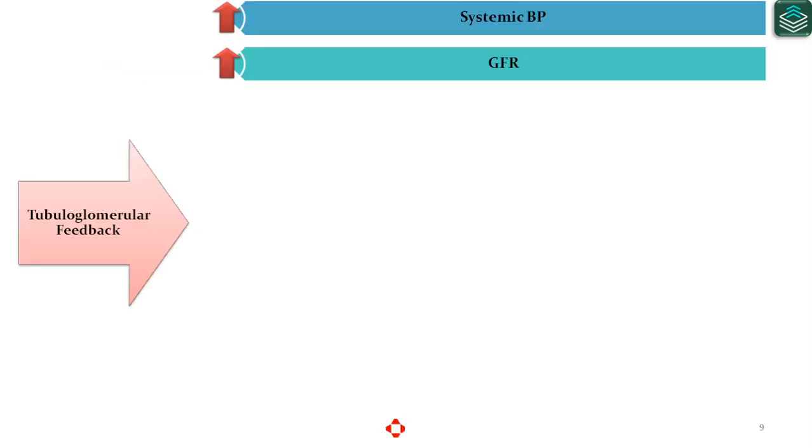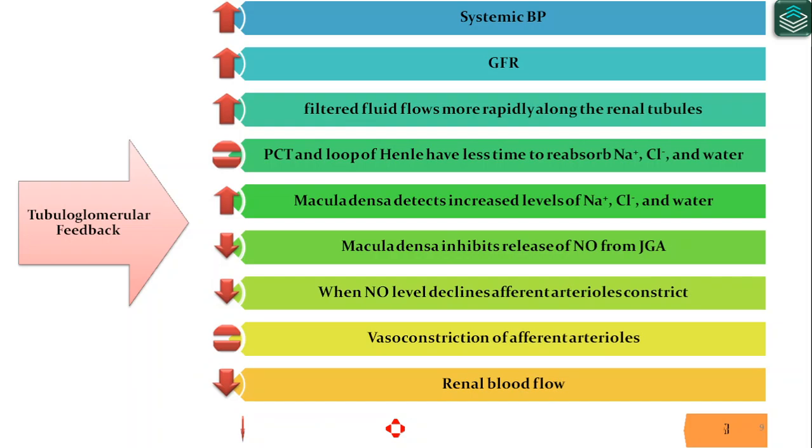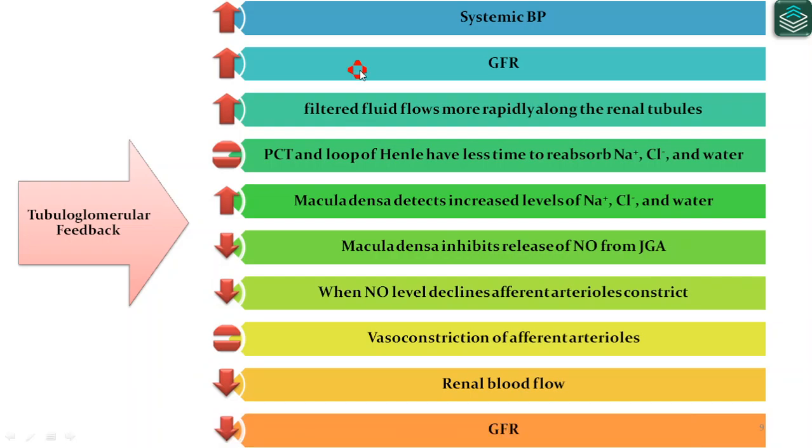The second mechanism is the tubuloglomerular feedback mechanism. When there is an increase in systemic blood pressure, GFR will increase, causing filtered fluid to flow more rapidly along the renal tubules, so the proximal convoluted tubule and loop of Henle have less time to reabsorb sodium ions, chloride ions and water.